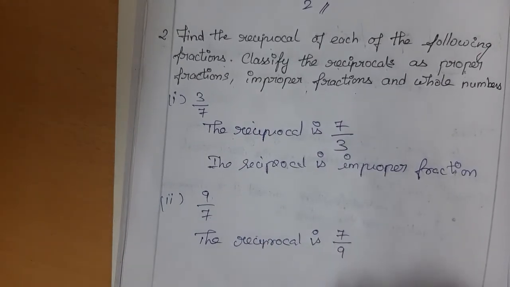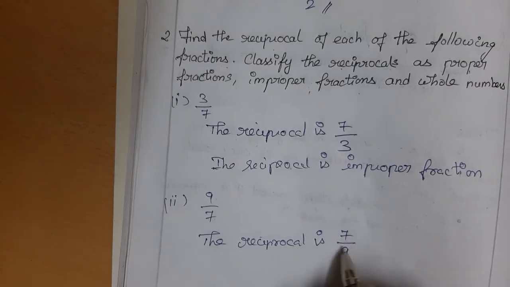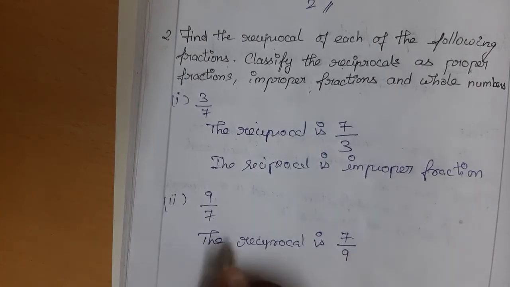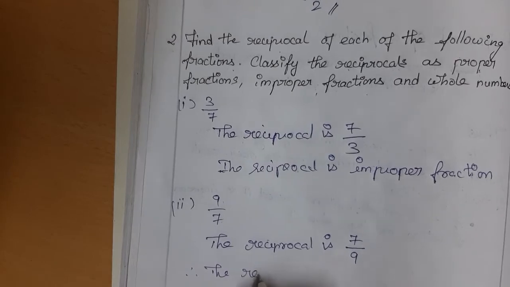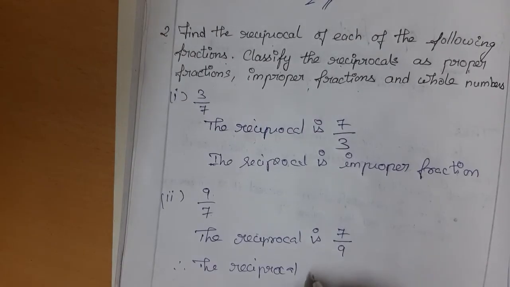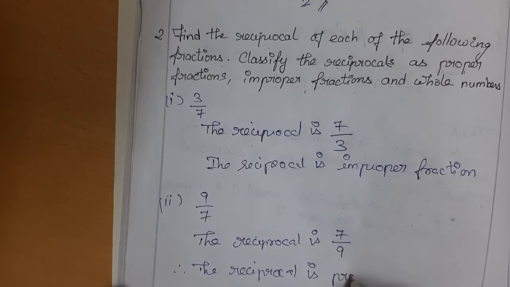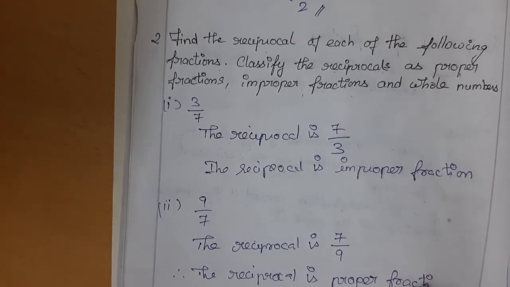Now you classify it as a proper or improper or whole. It's a proper, right? Because the denominator is greater and the numerator is smaller. So therefore the reciprocal is proper fraction.